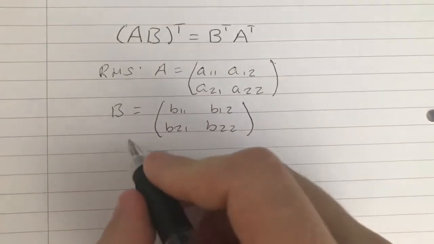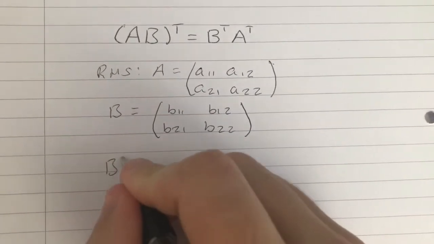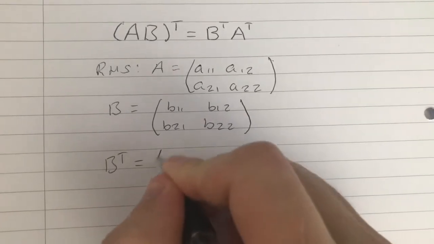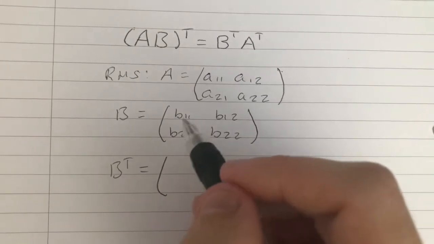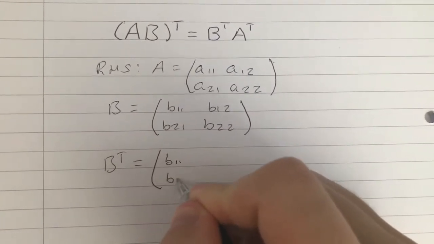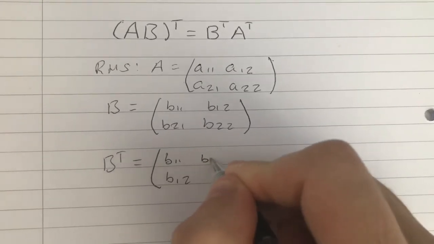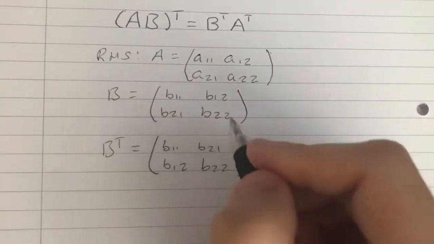Okay, so what we're going to do now is take B transpose. So to take the transpose of a matrix, we actually swap the rows and the columns over. So we get B11, B12, B21, B22. Notice the diagonal elements stay in place.